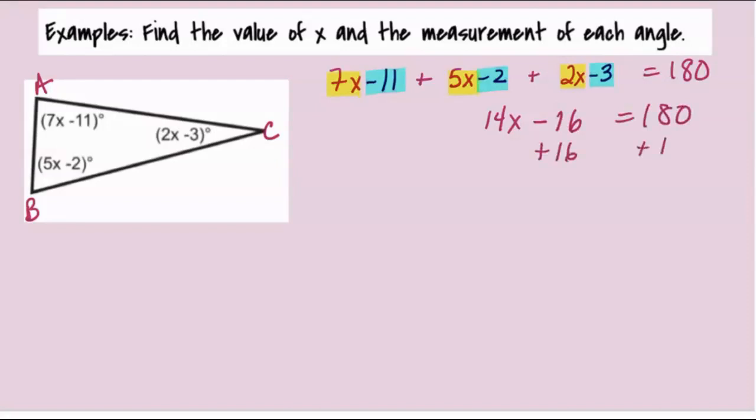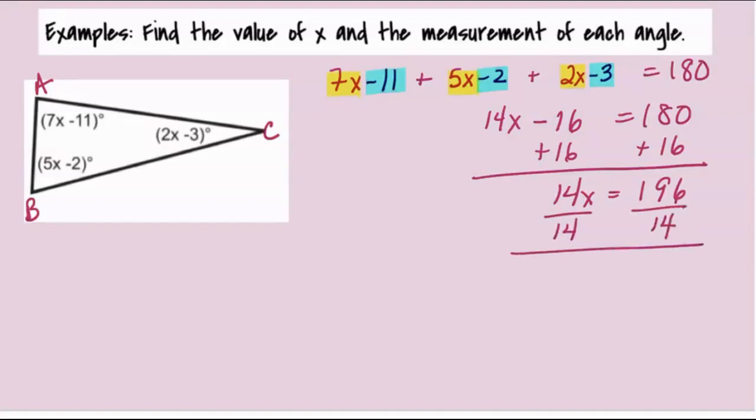Using inverse operations, the opposite, I add because I'm subtracting. I'm left with 14x equals 196. Divide by 14, use the opposite or inverse of multiplication, and x equals 14.